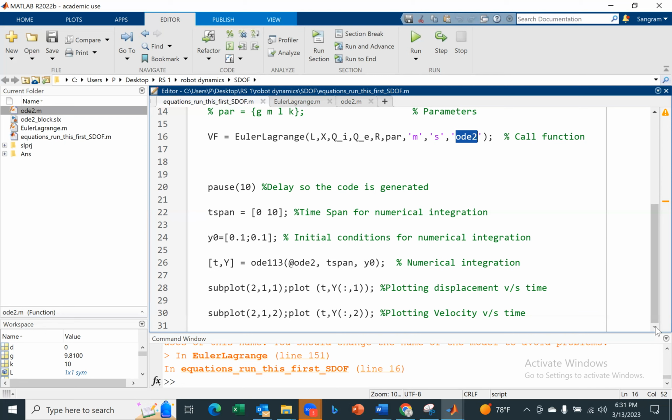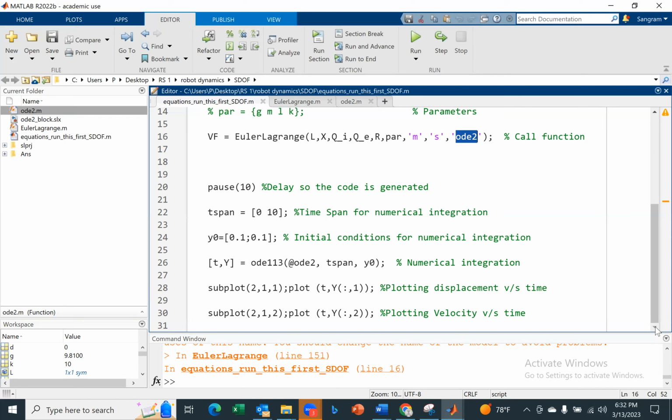And then the next part is I'm creating these plots. In case you are wondering, the syntax for subplot is subplot 2, 1, 1, meaning there are two plots inside one plot: first row, first column, and second row. So there are two plots. This is the first plot, which is t, y. Time is on the x-axis and y, which is the displacement, is on the y-axis.